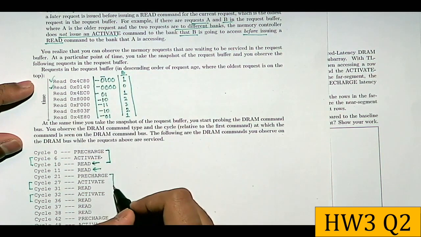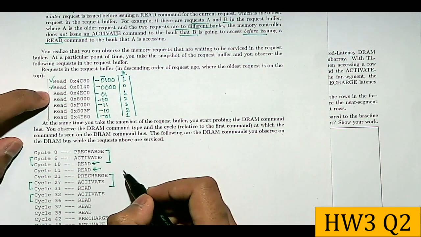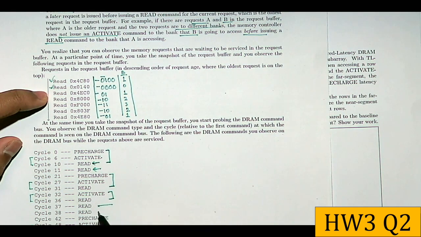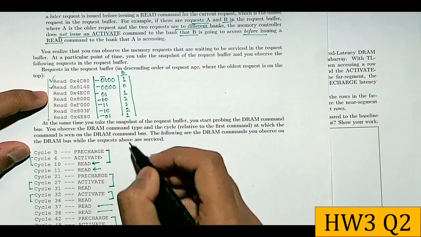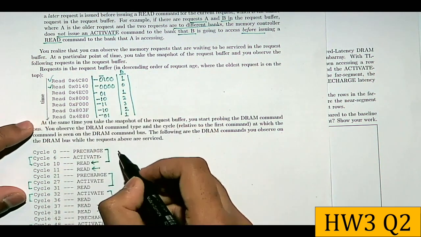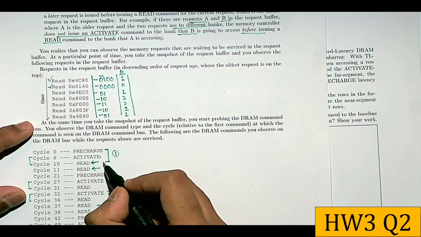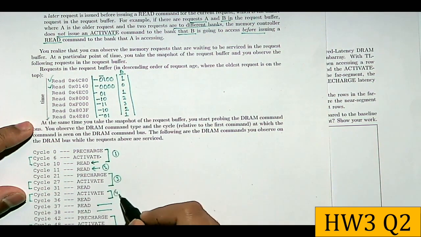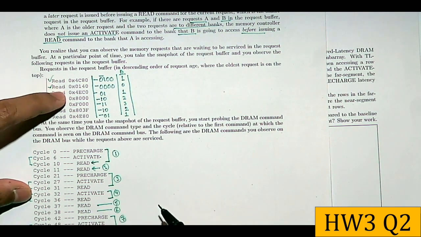Then the third 3-command sequence happened for the third access. These 2 are for this read. This read goes independently, this read goes independently, and then these 3 are for the last access. So this is access number 1, this is access number 2, 3, this is 4, 5, 6, and 7. Do we have 7? Yes, we have 7.